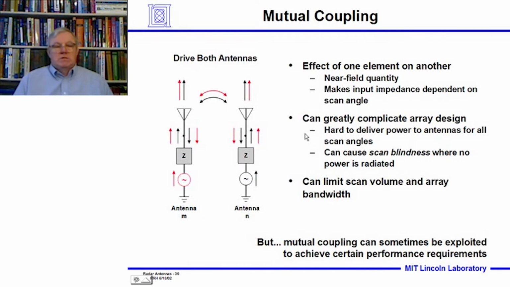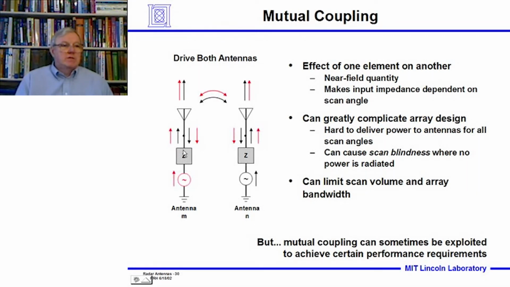This whole business of what happens when we take a set of elements and put them along a line assumes that the effects that we see in the far field and in the near field and everywhere, one element doesn't affect another. And how we design that antenna assumes that the patterns of each element are independent of any other elements nearby. And that's not true, because Maxwell's equations have to be satisfied everywhere.